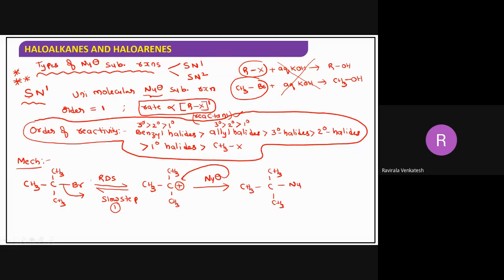Can you say how many molecules are present in the slow step? Anybody? Only one. That is the reason it is called a unimolecular substitution reaction. Understood here?